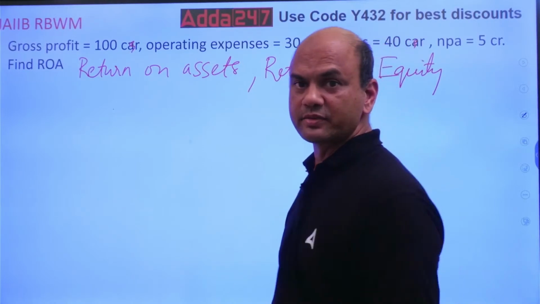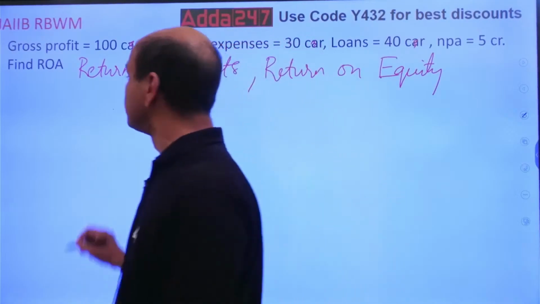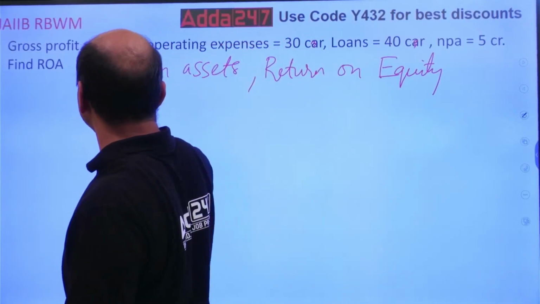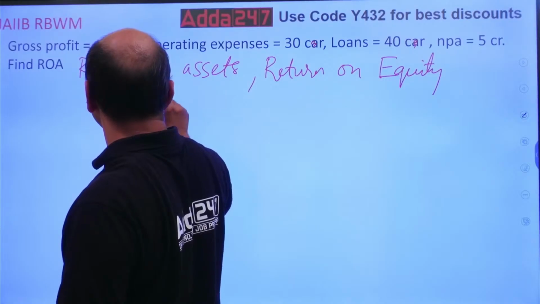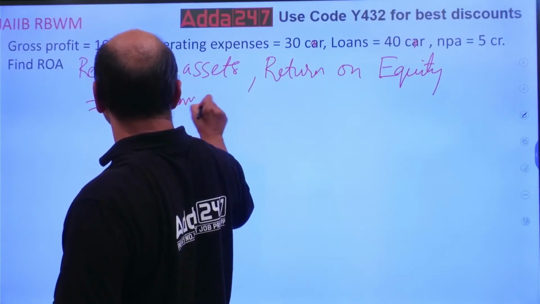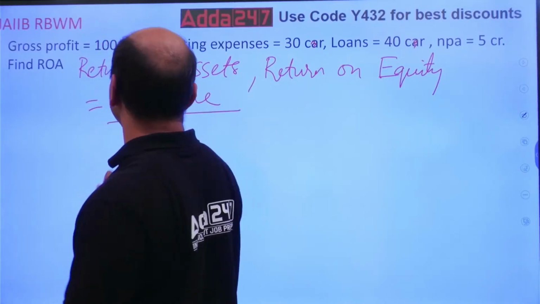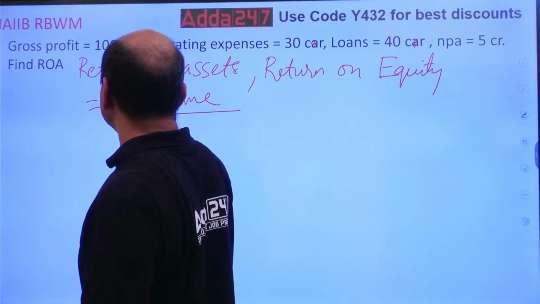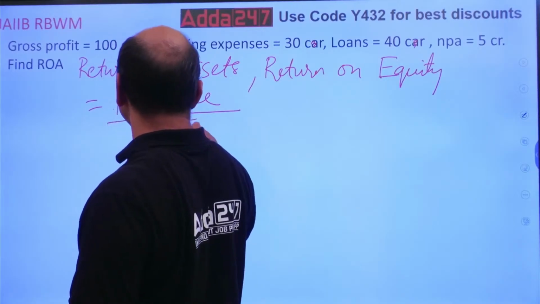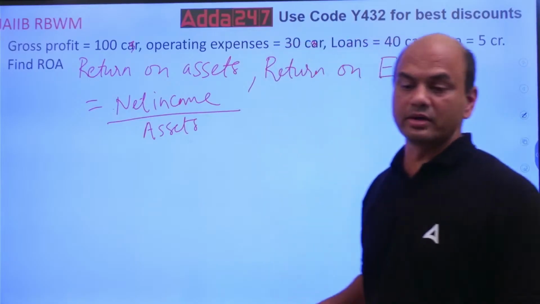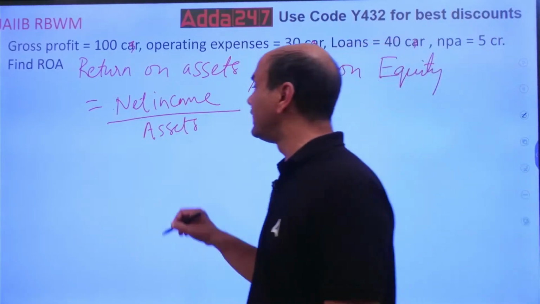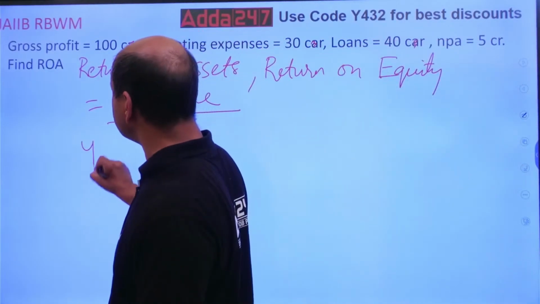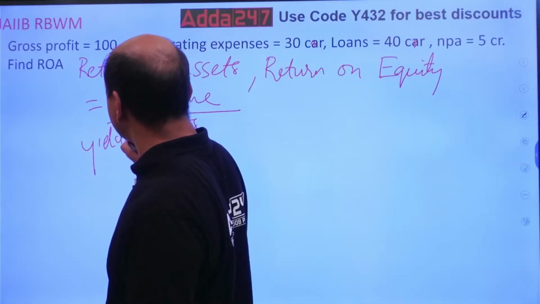What is the formula for ROA? Return on assets equals net income divided by assets. Now, assets means yielding assets. The real word over here is yielding assets. Yielding means those assets which are giving you returns.